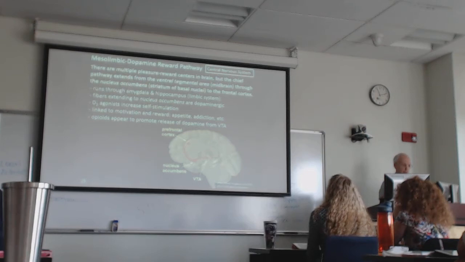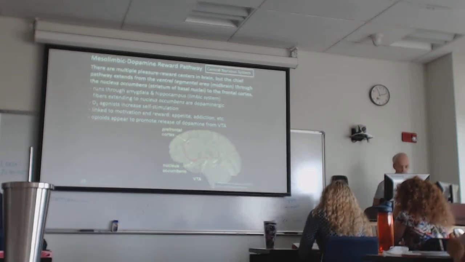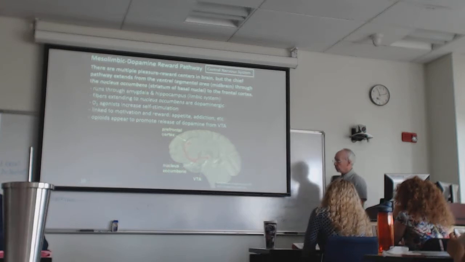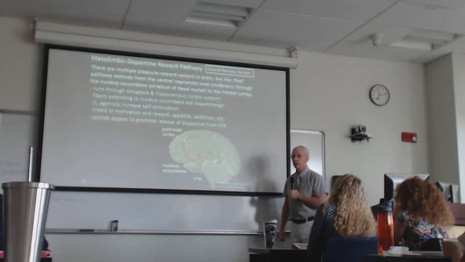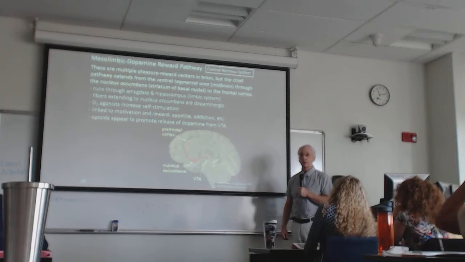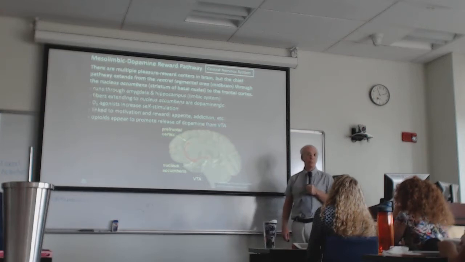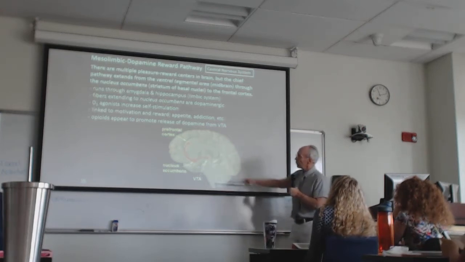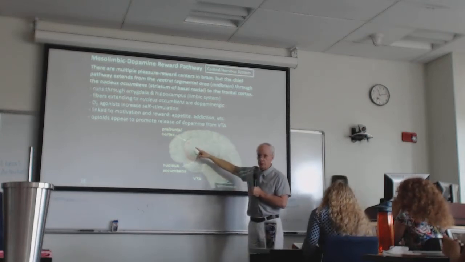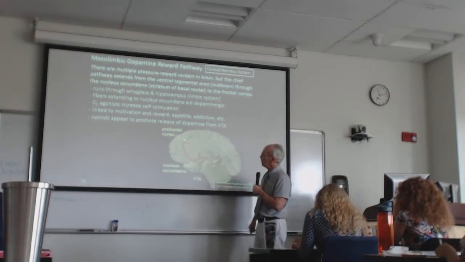I'm just reminding you of the mesolimbic dopamine reward pathway and its importance. It's going to be very important in your field. How many times a day do you read about a drug bust somewhere? It's usually a drug involving an opiate or a pain medication or something like that. Opiates target this pathway, dopaminergic drugs target this pathway.